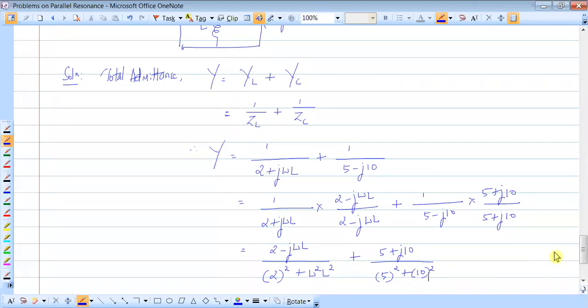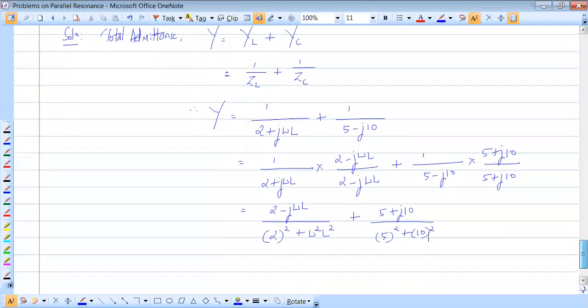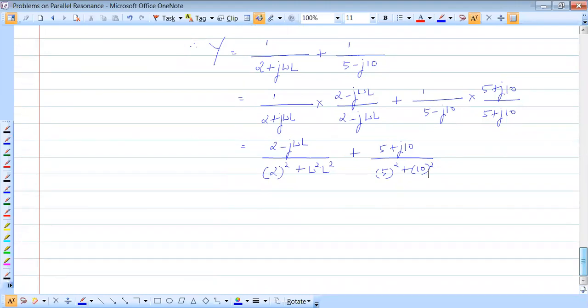Now let's further reduce it to proper form. So what is Y happening to be? It's 2 minus j omega L divided by 4 plus omega square L square, plus 5 plus j10 divided by 5 square is 25, 10 square is 100, so 25 plus 100 would give you 125.